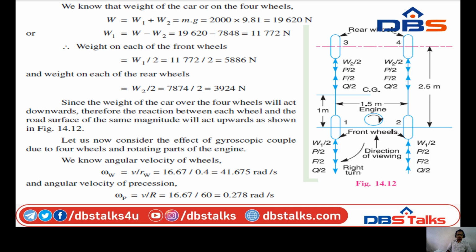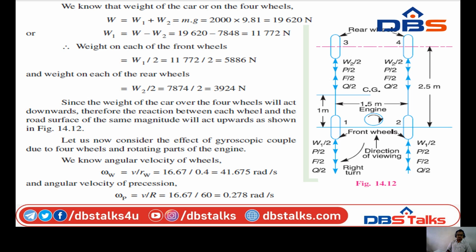Wheel 1 and wheel 3 are the inner wheels, and wheel 2 and wheel 4 are the outer wheels. At the same time 3 and 4 are the rear wheels, and 1 and 2 are the front wheels. These are for a left turn. Here we are taking the right turn, meaning in the problem for a right turn 1 and 3 are the inner and 2 and 4 are the outer.